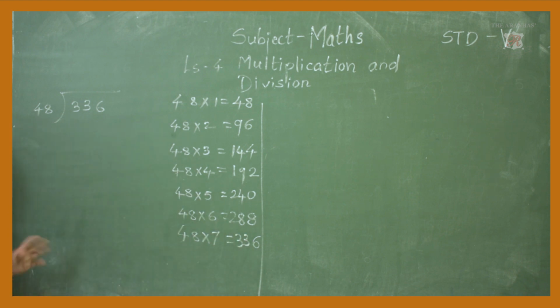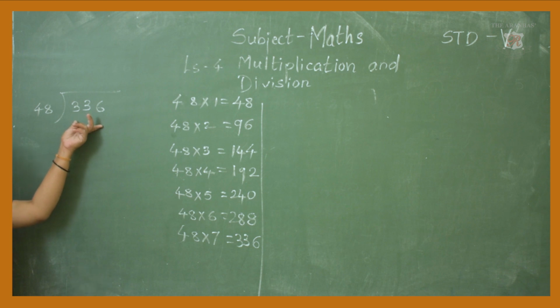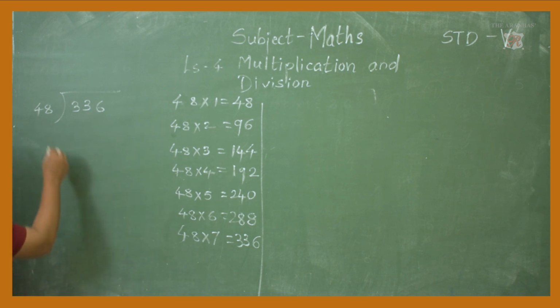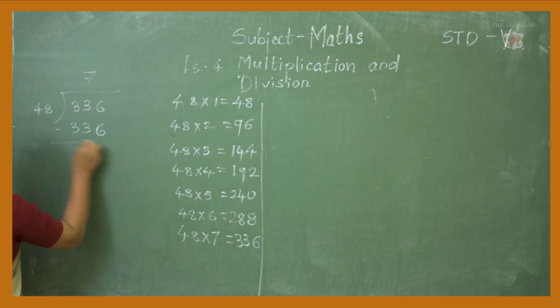Okay, stop because we have the answer 336. So no need to do further calculation. Okay, so 48 sevens are 336.